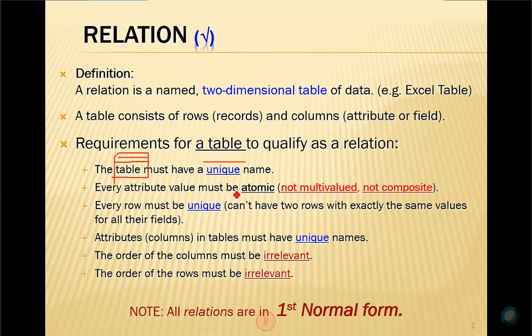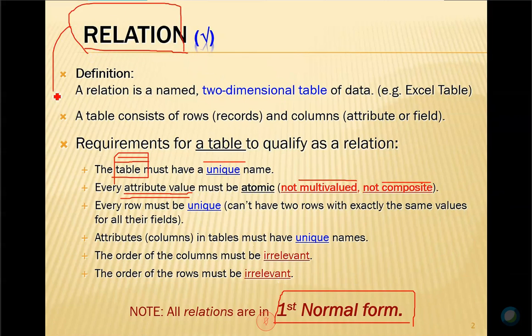And then, the most important part is that no attribute in a first normal form, or in a relation, should be multi-valued. No attribute should be composite. A table that can be called a relation and a first normal form are equivalent.